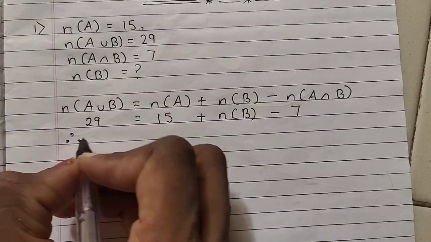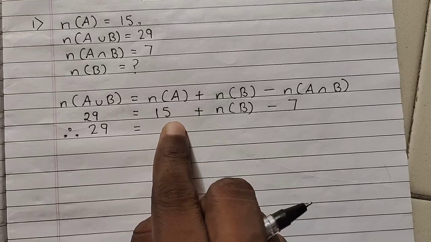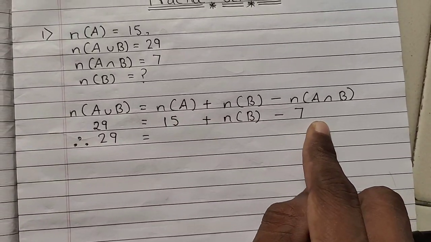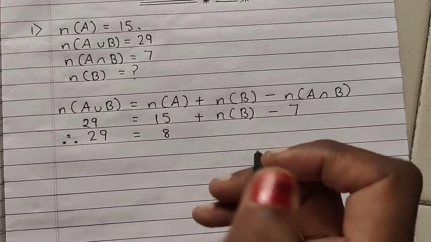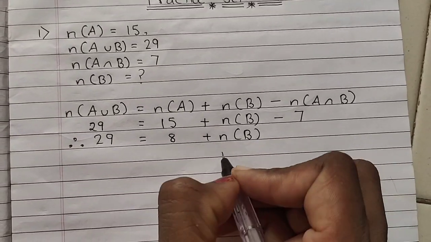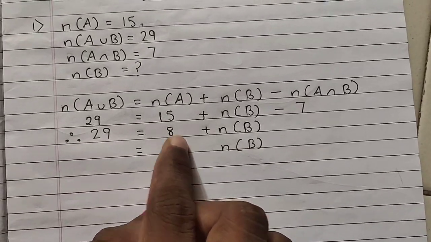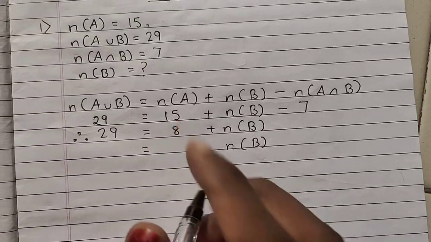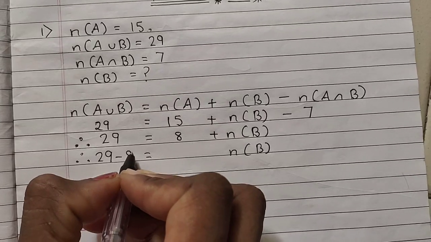Now in the next step, keep this 29 as it is. Now see, this is 15 and this is minus 7. So 15 minus 7, what are you getting? 8. 15 minus 7 gives you 8, and keep n(B) as it is. Now take this 8 to the left hand side. So this becomes negative because this is positive, right? If you transfer this 8, it becomes 29 minus 8.